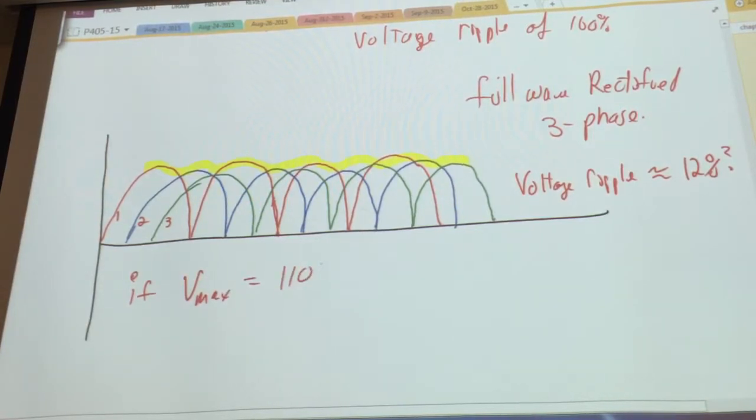Sorry, when you say 12%, this 12% of what? I'm glad you brought that up. If our maximum voltage is 110,000 volts, what is our lowest voltage? In this case, it's not zero, but it's 12% less than the maximum. Oh, okay.